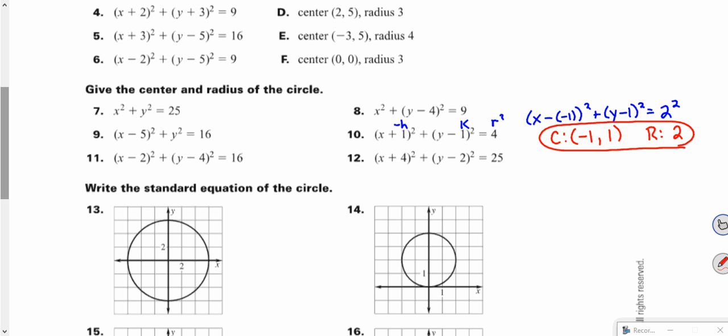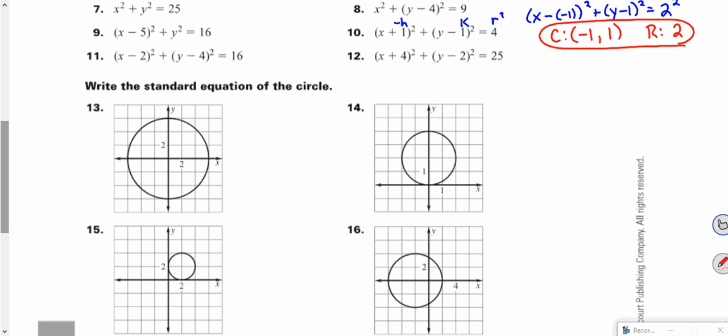Look at number 14. It says write the standard equation of the circle. Now they give us the graph. We have to pick out the important parts. So my center looks like it is (0, 2). And if I count my radius here, looks like I'm going up by 2's, so my radius is 2.